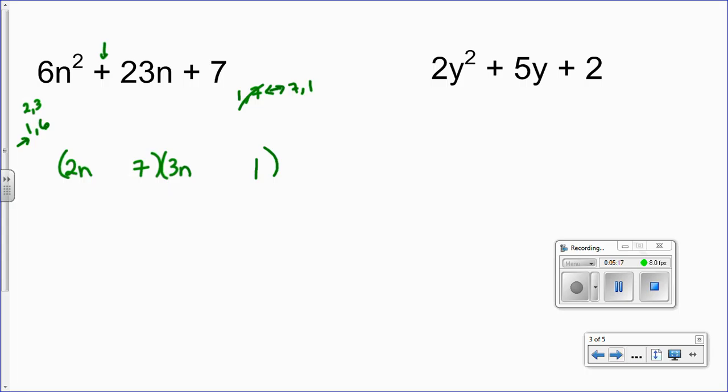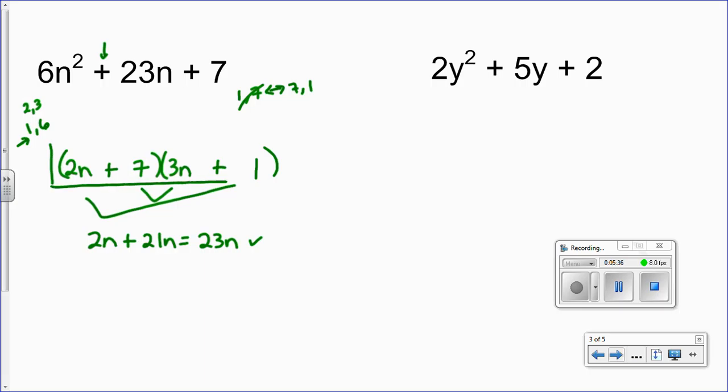But I like to do all the options from my last term first. Okay, so 2n plus 21n gives me 23n, which is what I want. This is correct.